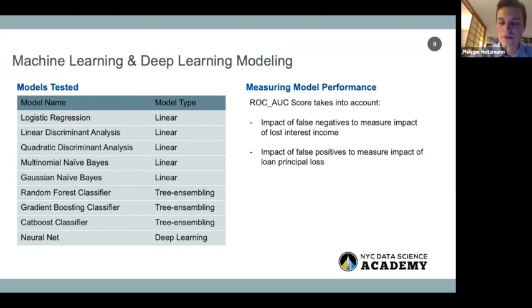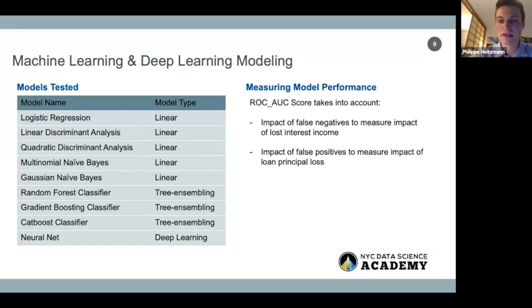And the reason for that is it's important when you're an investor and you want to maximize your profit or your internal rate of return to capture both of those things, because a false negative will mean lost interest income, while a false positive is going to mean an even worse alternative, which is loan principal loss, where you just lose your whole entire investment because the person defaulted on you. So that ROC AUC score captures both of those things.